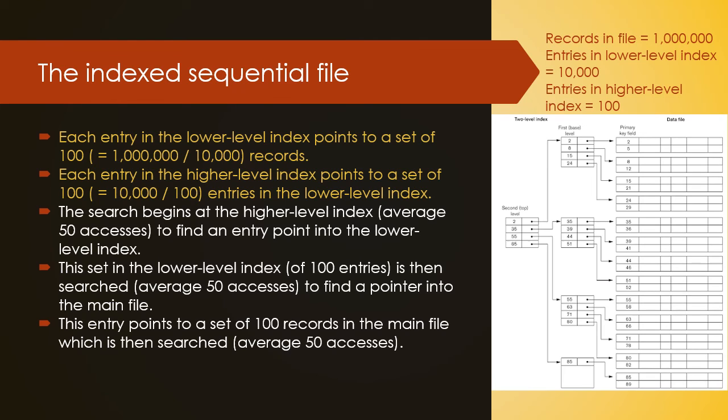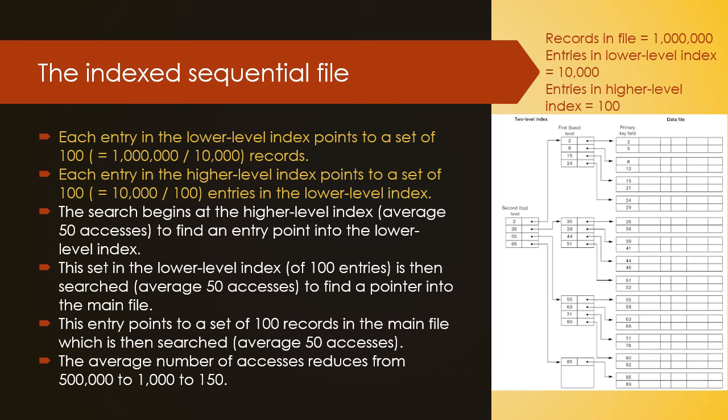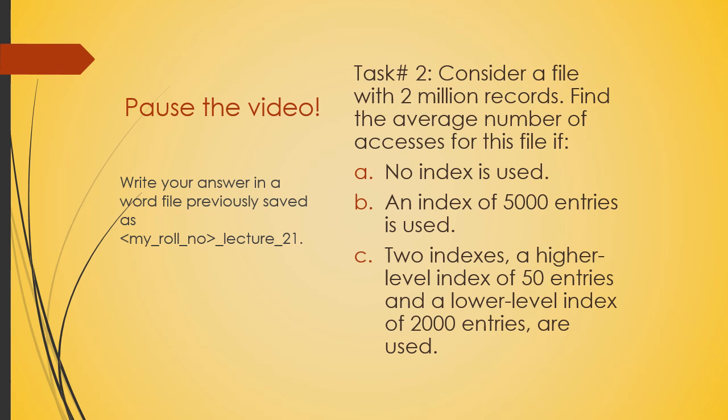This entry points to a set of 100 records in the main file, which is then searched using on average 50 accesses. The average number of accesses reduces from 500,000 to 1,000 to 150 only.